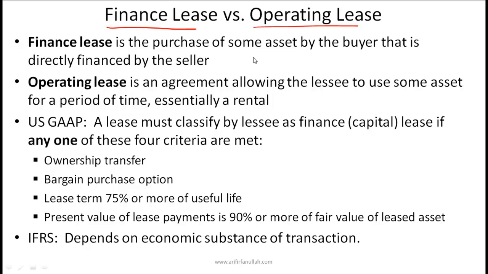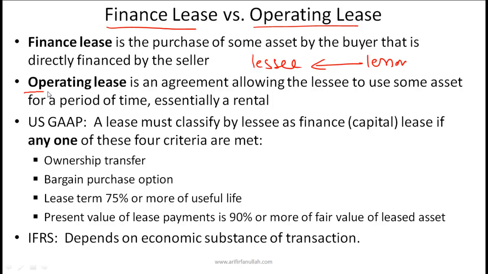So effectively, the lessee is buying the asset from the lessor. When the lessee is using the asset, he shows that asset on his balance sheet, and the asset comes off the balance sheet of the lessor.